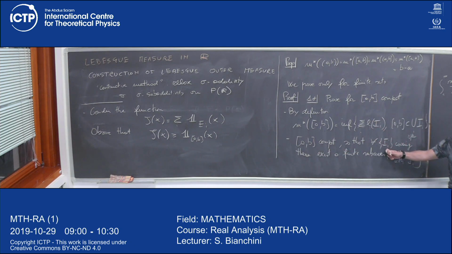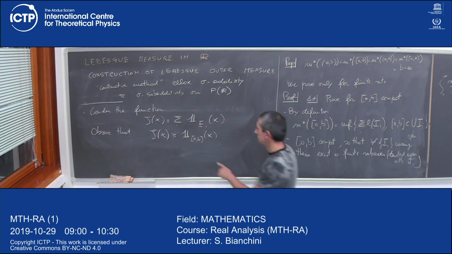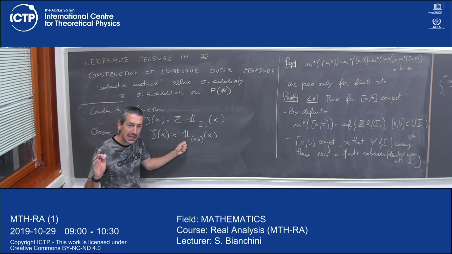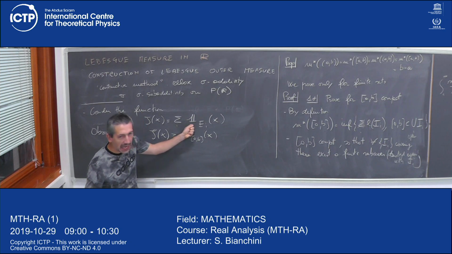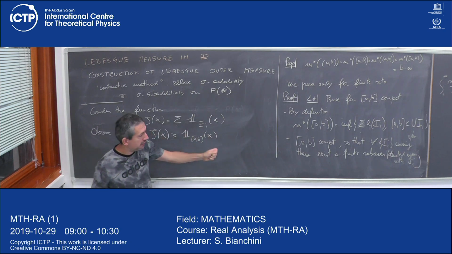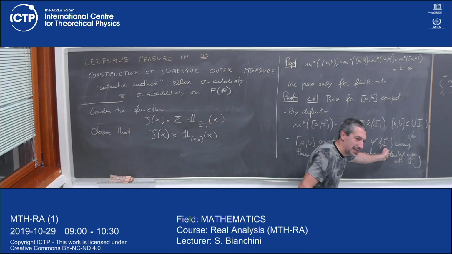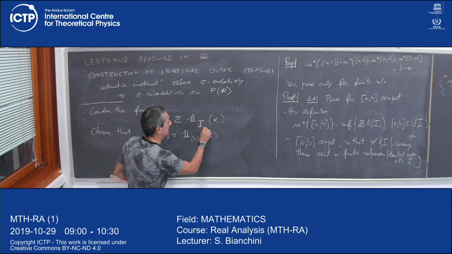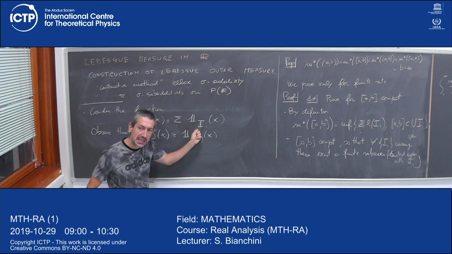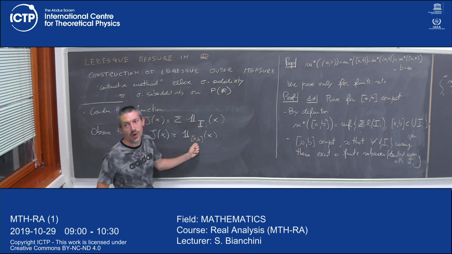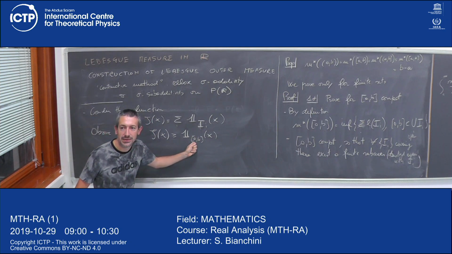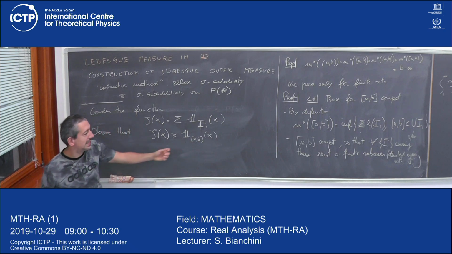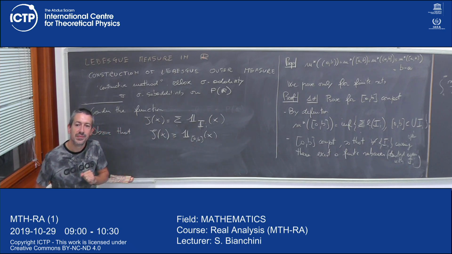Every x here, this function is 1 exactly at that x, and 0 outside. So one of these elements is 1 at that point. For any point x, there exists an I bar such that x belongs to it, so the indicator function of that set is 1, and 1 is certainly greater or equal than 1. The rest is 0 or certainly positive. Do you agree?